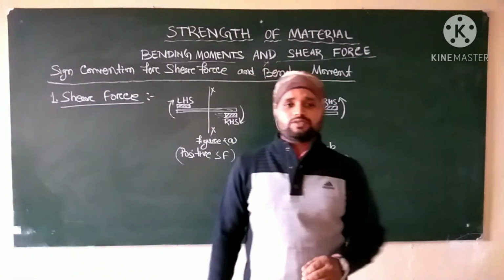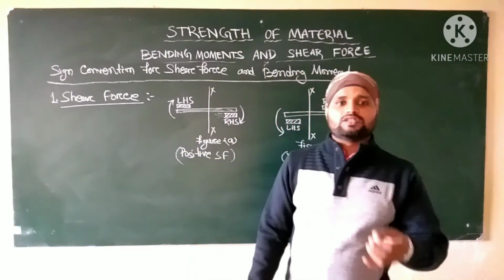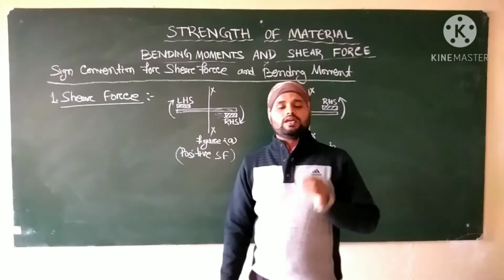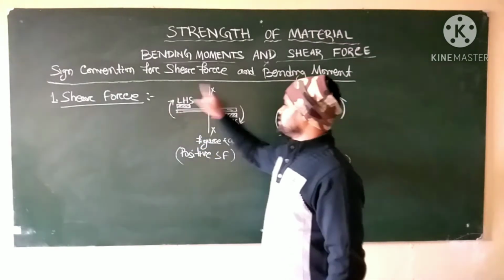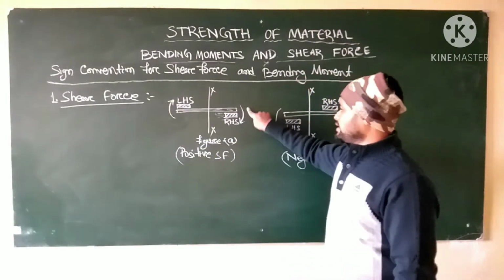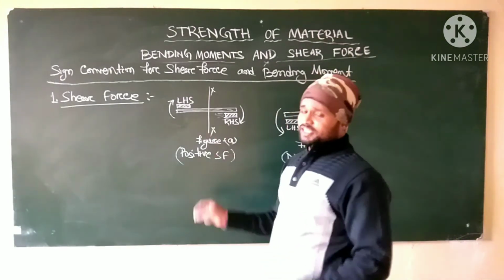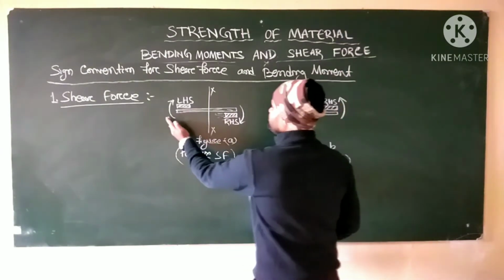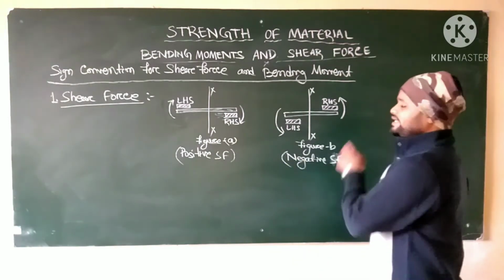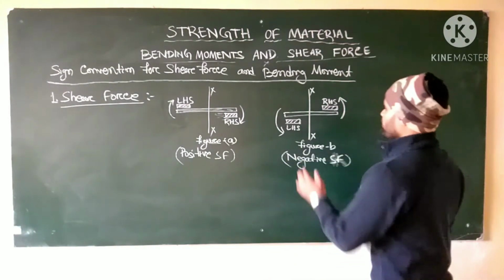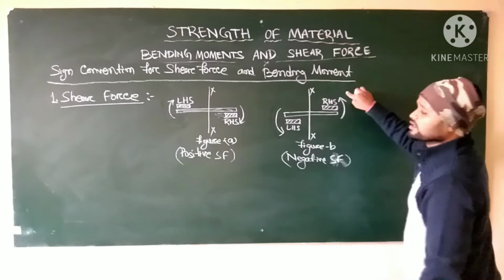So when will we take positive shear force, and when will we take negative shear force? We take shear force as positive when the left hand side of the beam tends to slide upward and the right hand side of the beam tends to slide downward, as shown in figure A. Similarly, we take shear force as negative when the left hand side of the beam tends to slide downward and the right hand side of the beam tends to slide upward.